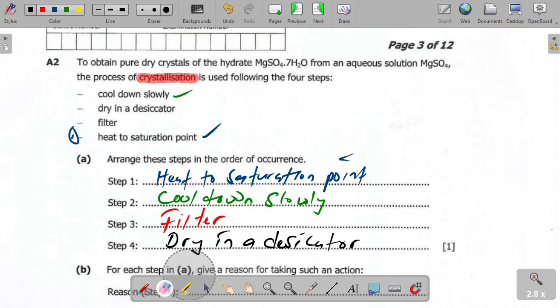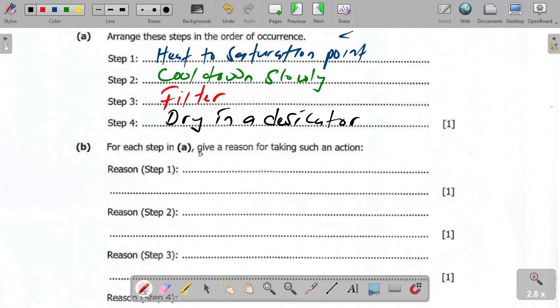Okay, so these are the correct arrangements of the order of occurrence for crystallizing magnesium sulfate heptahydrate: number 1, number 2, number 3, and number 4. Okay, we continue.